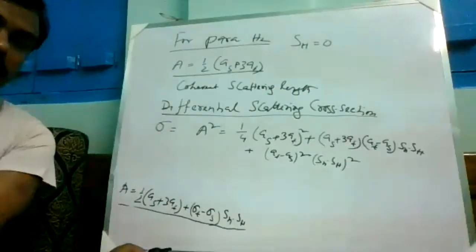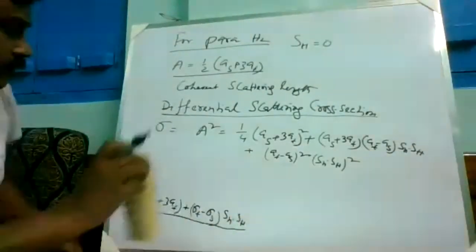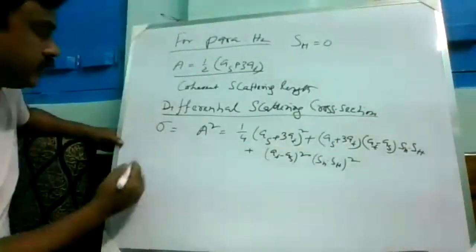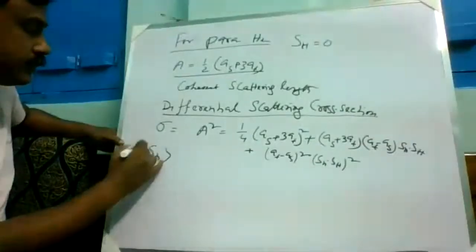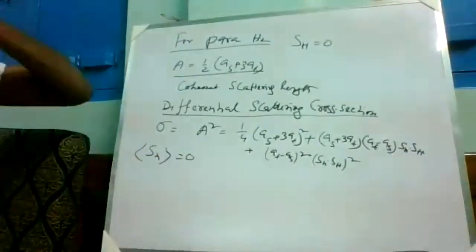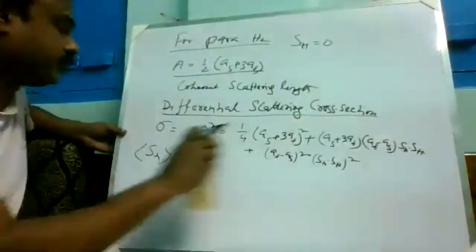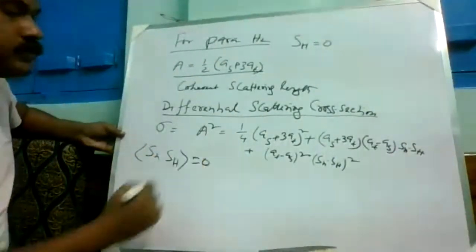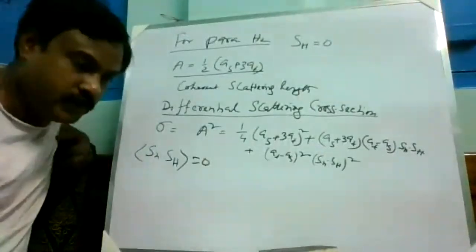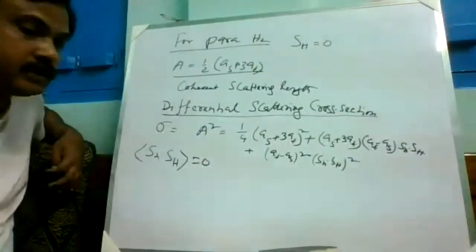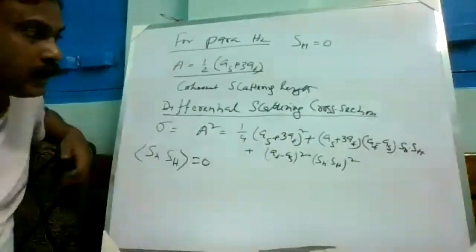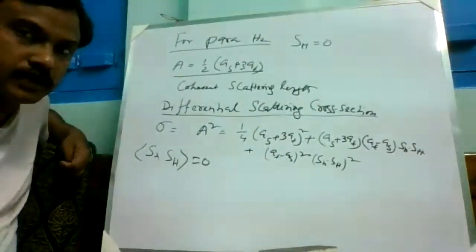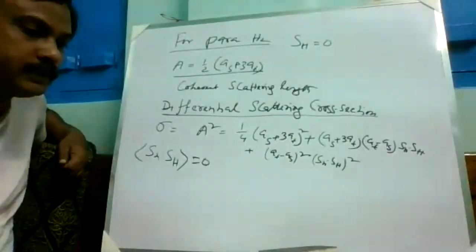Now the incident neutron beam is unpolarized. Its polarization will be randomly oriented. So Sn will be equal to 0, and Sn dot SH will be equal to 0, because the incident neutron beam is unpolarized. So half will be in up spin and half in down spin.